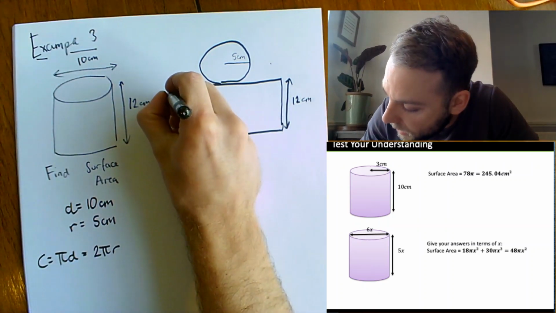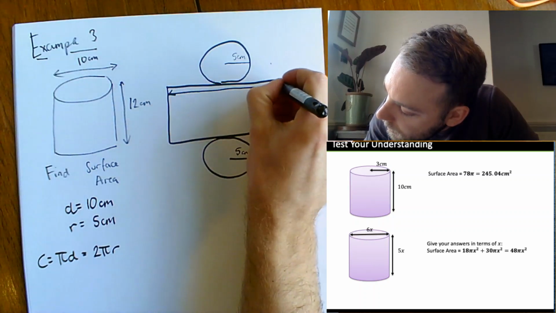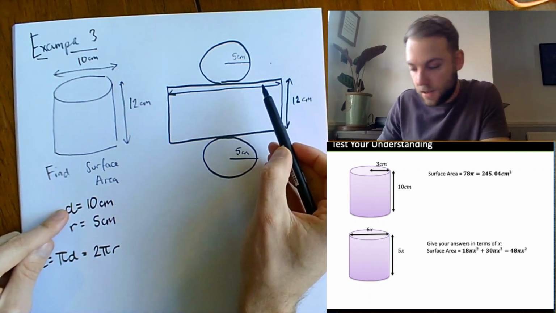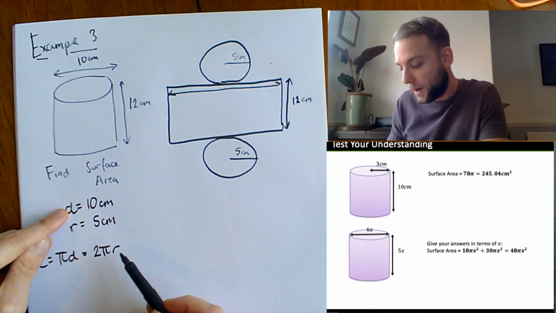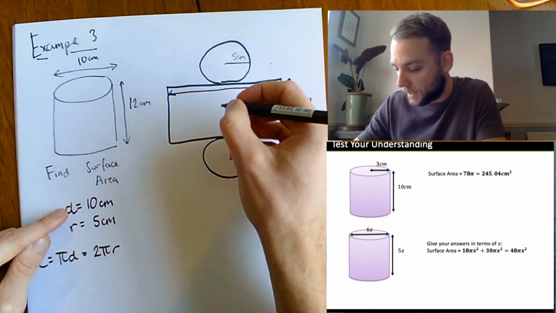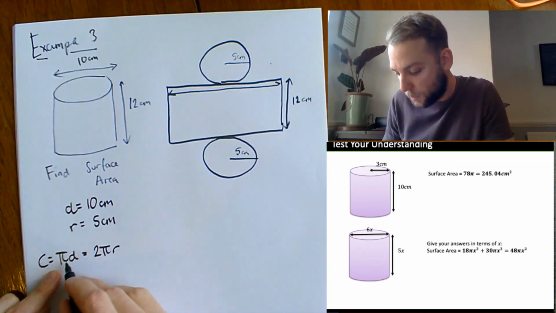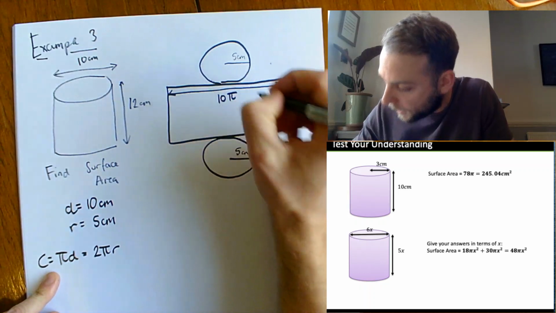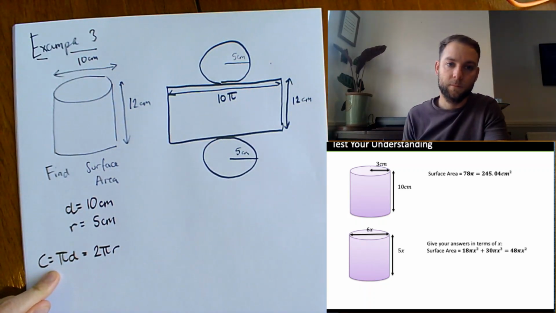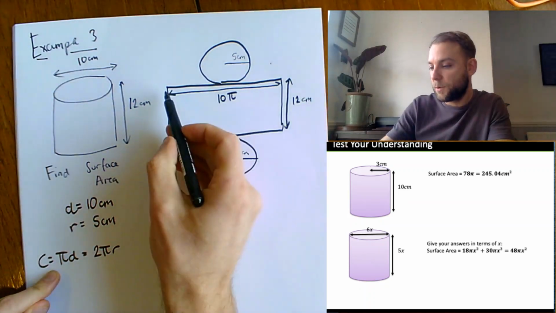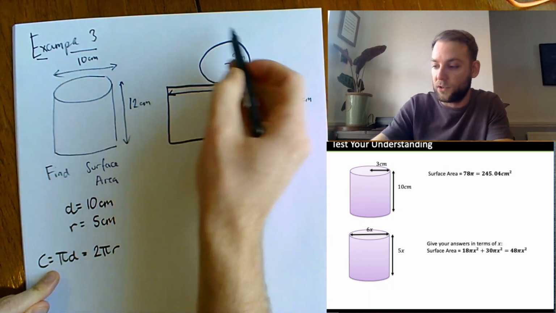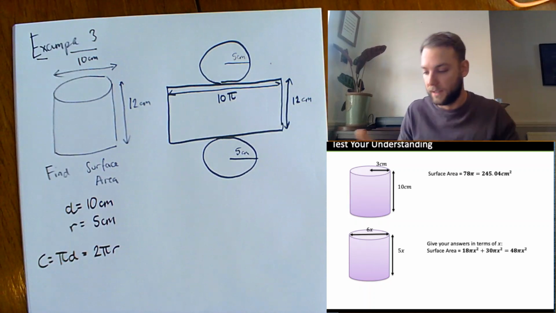So this length here is going to be equal to pi times by 10, which is 10 pi, or 2 times by pi times by 5, which again is 10 pi. So 2 pi r, or pi times by 10, this is equal to 10 pi. So this is probably the hardest part of this, and understanding that this part here is the circumference of that circle. As soon as you understand that, it becomes easy.